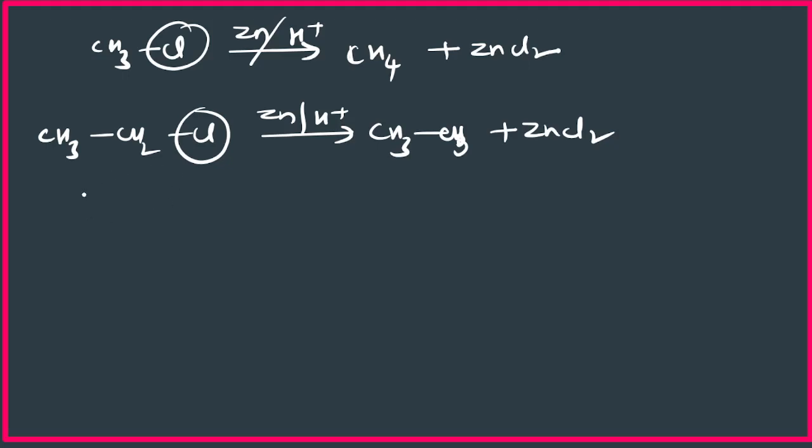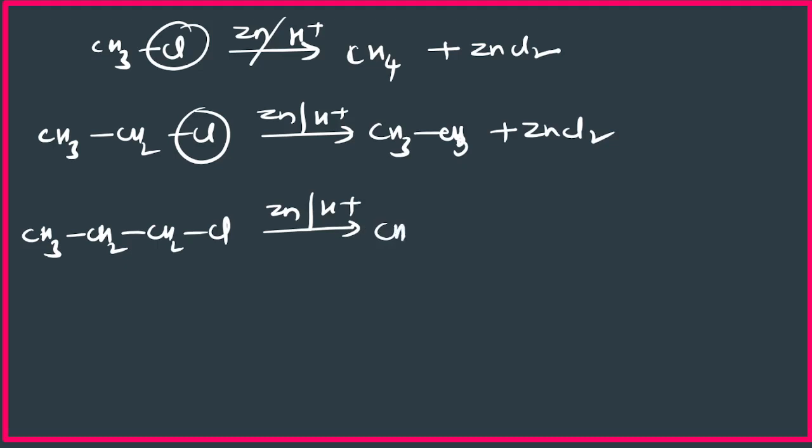One more example: CH3CH2CH2Cl with zinc in HCl or H plus gives CH3CH2CH3 plus ZnCl2. It is propane. Propyl chloride to propane.